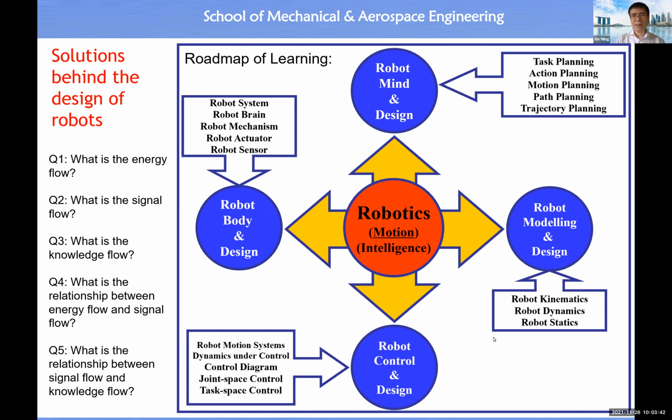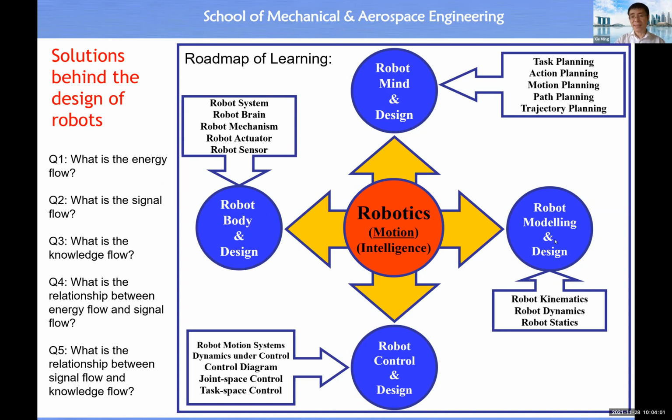Okay, in terms of learning outcome, module 2 enables you to design the physical body of your robot. Then module 1 will enable you to design robot's mind or robot software.